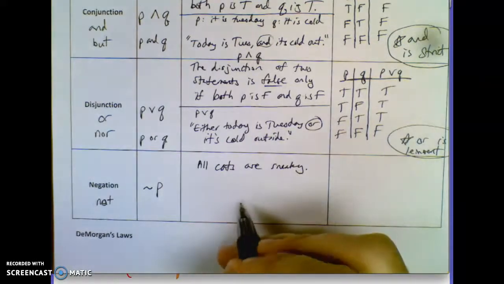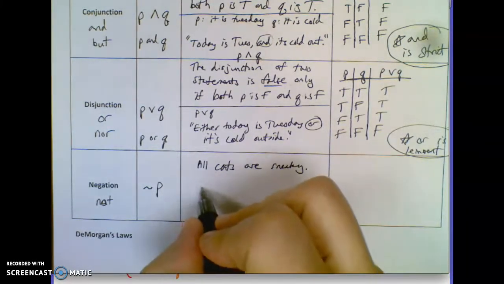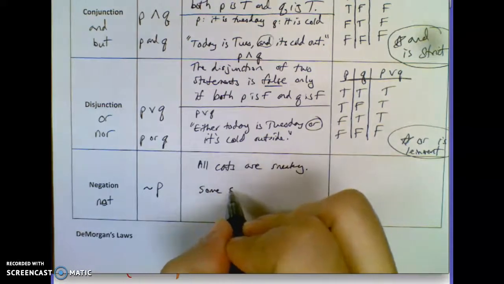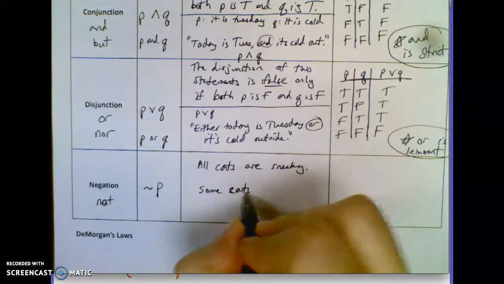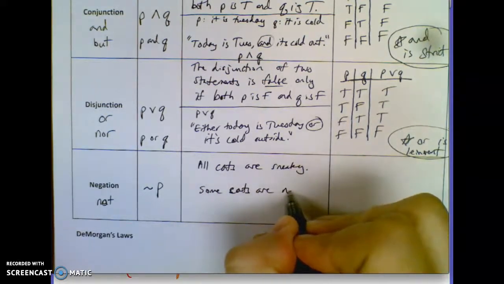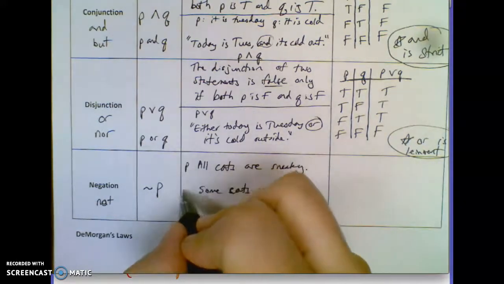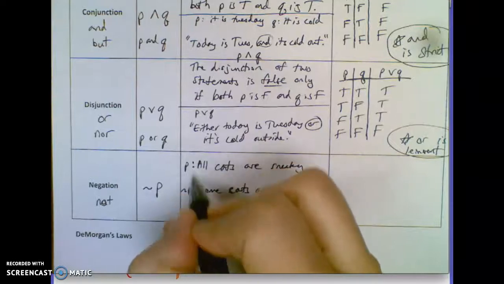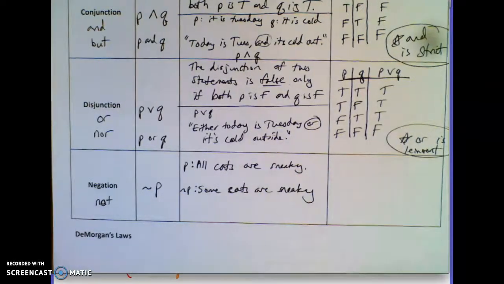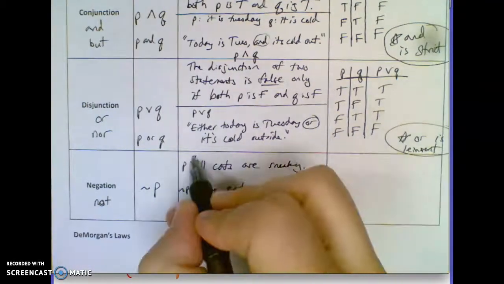A negation of that would be an existential: "some cats are not sneaky." If this is P, this is not P. Usually we put statements in quotes too.